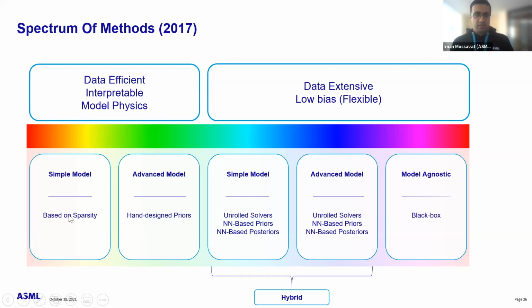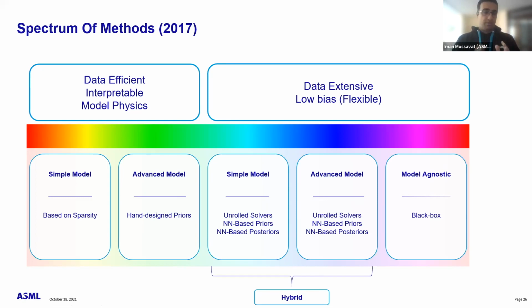Here you have, based on sparsity, hand-designed priors. For example, you take a solver, and this solver is built to solve, for example, this L1 norm optimization problem, and you unroll it.